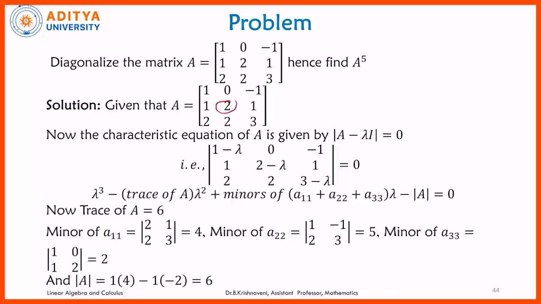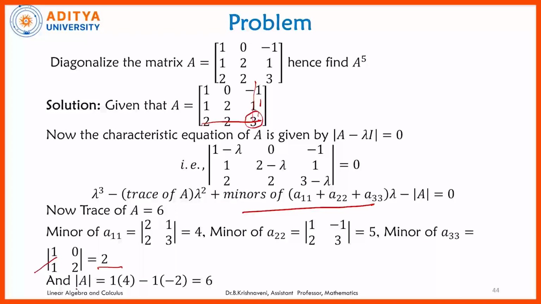Delete the row and column containing the element, and take the determinant of the remaining elements, that is det of [1 -1; 2 3], which is equal to 5. Finally, minor of A33: delete the row and the column containing this element and consider the remaining elements [1 0; 1 2], and the determinant of that is equal to 2.